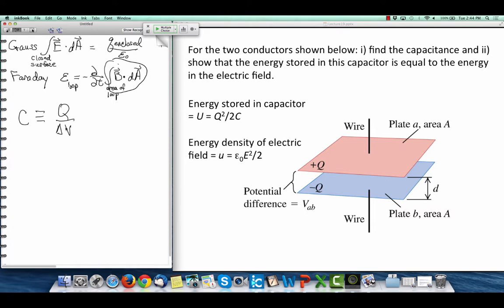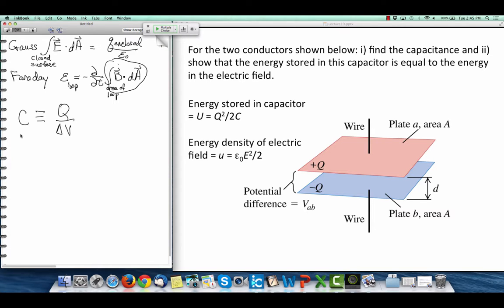So it's a little like heat capacity, which is how much heat you put in divided by the temperature difference that it caused. So this is how much charge you can put on divided by the voltage difference that you caused. If you put on more charge, you'd get a bigger voltage difference, but that would end up with the same capacitance.